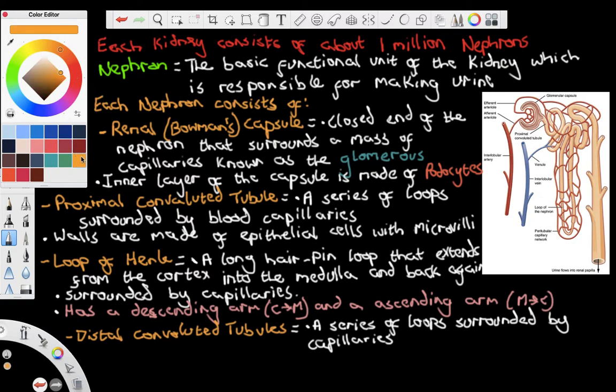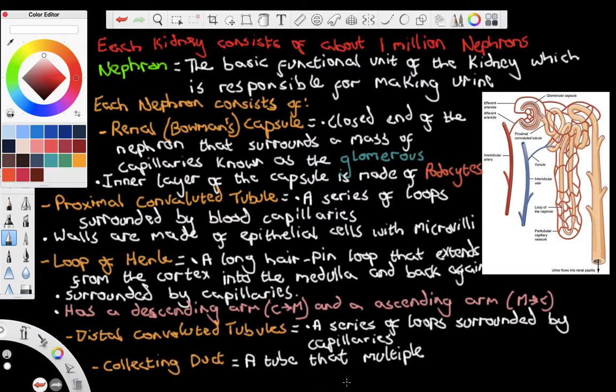The collecting duct is a tube which multiple distal convoluted tubules feed into. Okay.